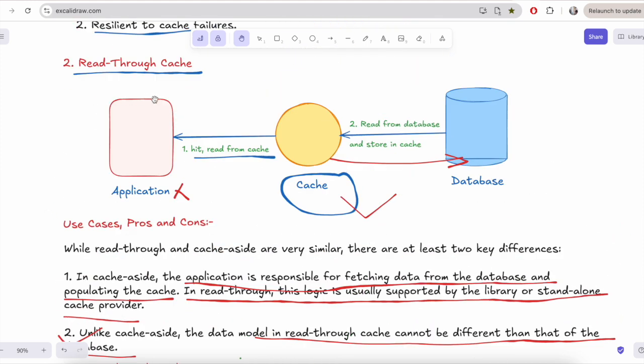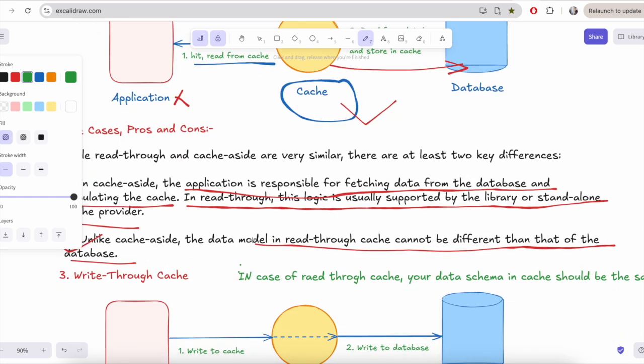Now here in case of read through cache, suppose we have a smart refrigerator, right? We are asking our smart refrigerator if there is milk. If there is, we'll drink it. If it's empty, the fridge itself orders the milk and stocks it. So you can think of it in such a way.